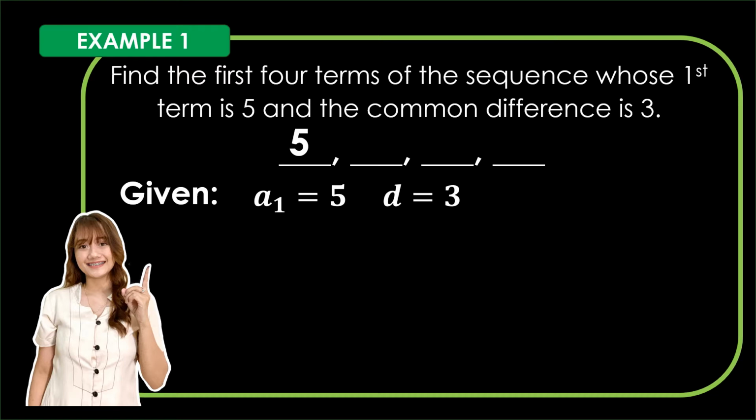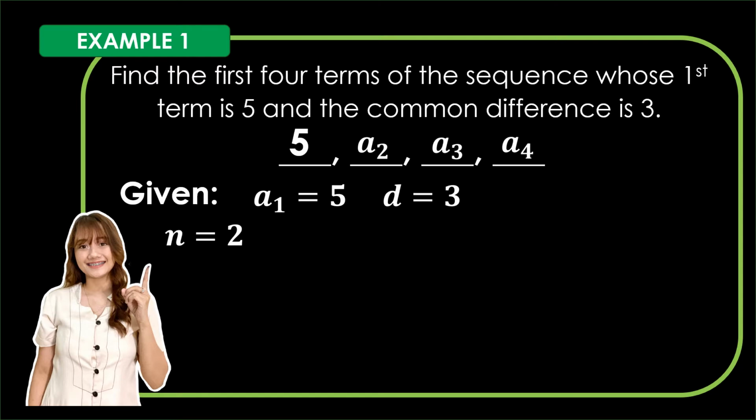So from our problem, all we need to find is the second term, which is a sub 2, the third term, which is a sub 3, and the fourth term, which is a sub 4. Let us first find a sub 2. Since a sub 2 is the second term, our term's location is n is equal to 2.